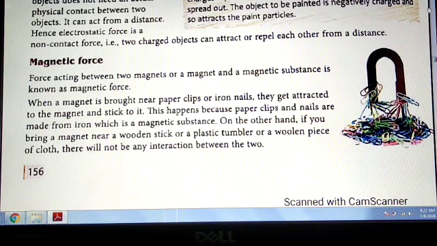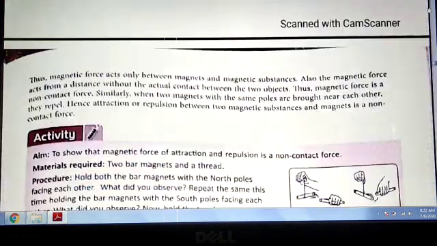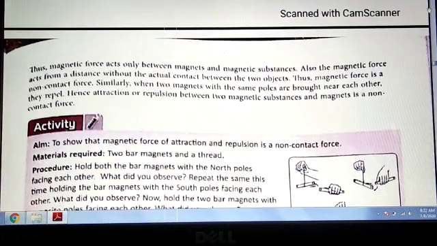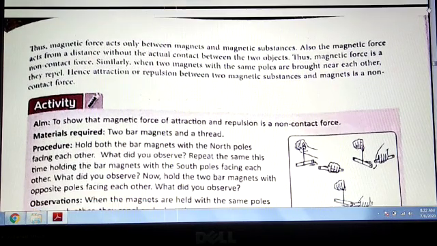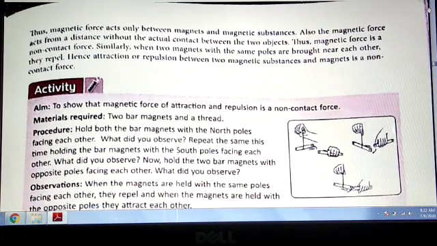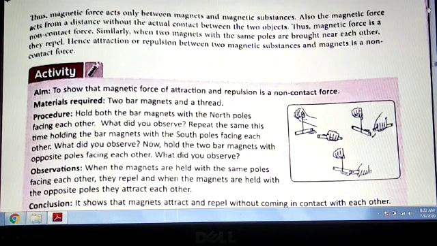The force which acts between two magnets or a magnet and a magnetic substance is known as magnetic force. So magnetic force is another example of non-contact force.